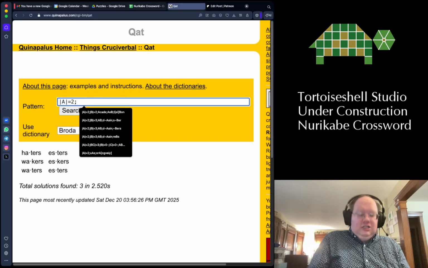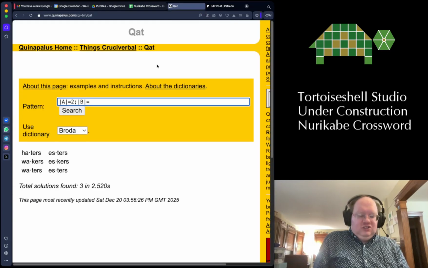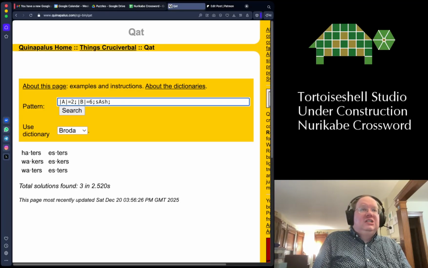To B equals. Now it must be 8 or 6. SARD. No, no, no. SH. ESA. I've also got to hope that it has a T in it.